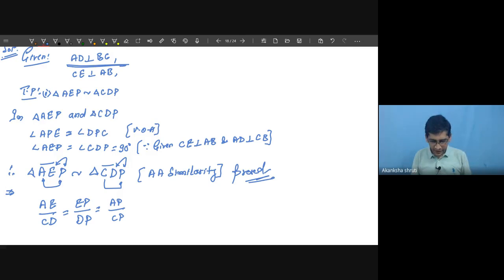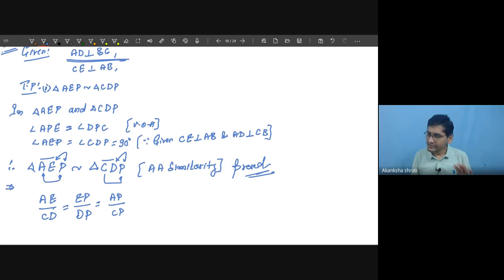Okay, student? So this ratio I can write. Now what is this? This gives us the 3 ratios. And in algebra and mathematics, we have done a lot of homework regarding this: if we have 2 equal signs between the 3 ratios, it means we can get 2 equations.